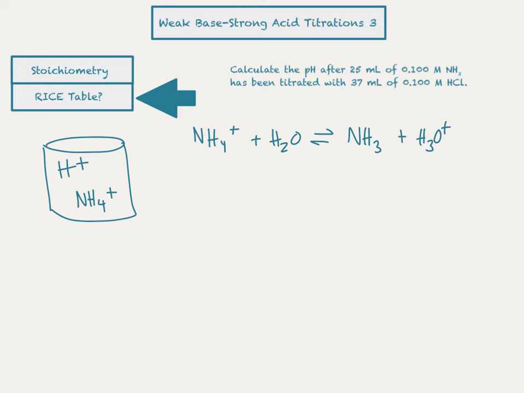For our calculation purposes, the hydronium ion is the same thing as the H plus that I wrote in my last equation. Okay, so let's go ahead and fill out our RICE table and then see if there's anything else that we need.